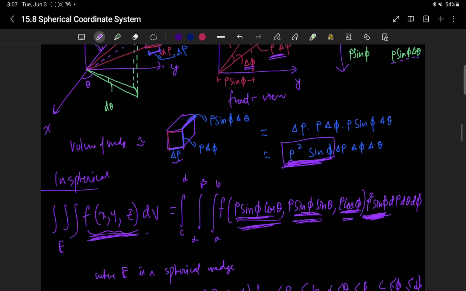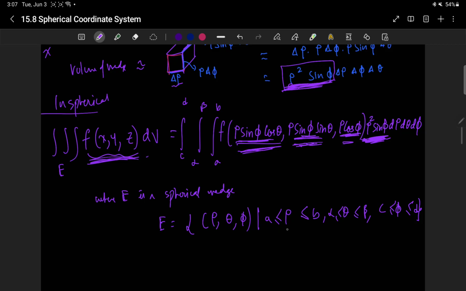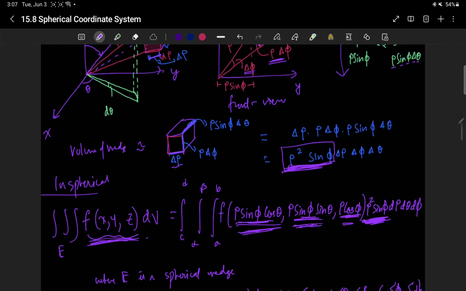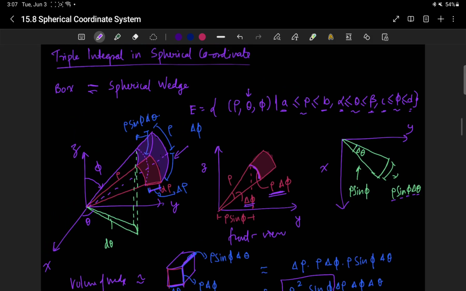So for now, this is what we get as an extra, where E is a spherical wedge, which is something that looks like this right here, our fundamental unit when we work with a spherical coordinate system, just as a box would be in a regular rectangular three-dimensional coordinate system.